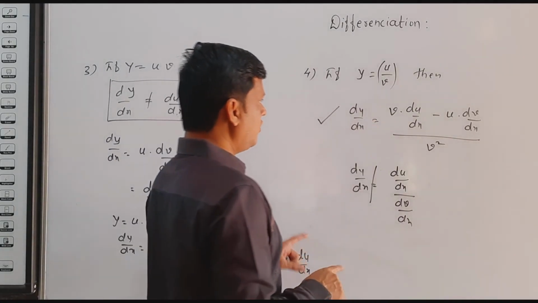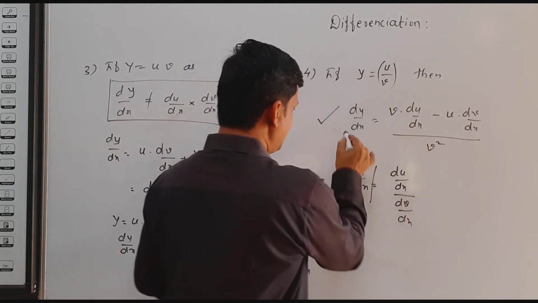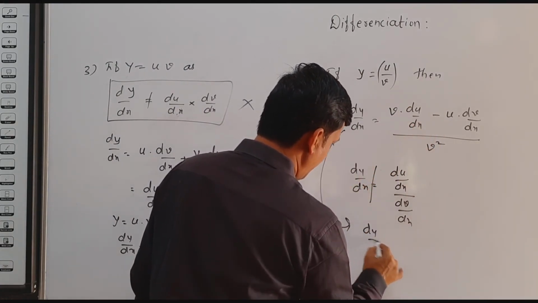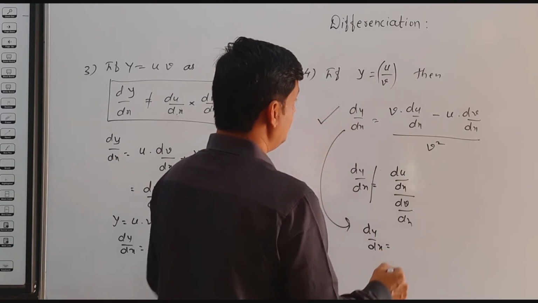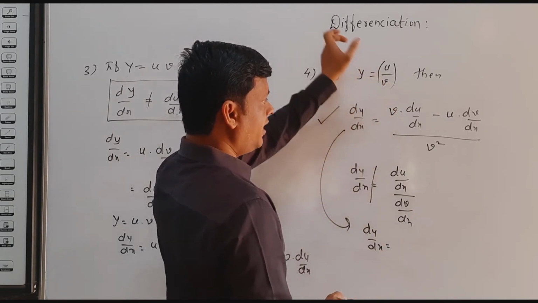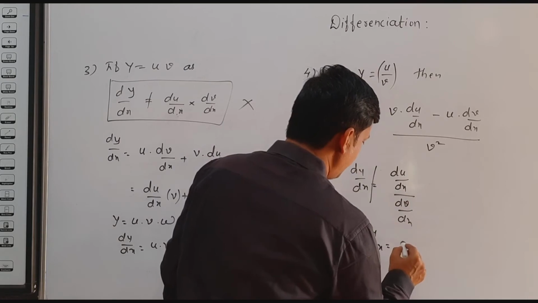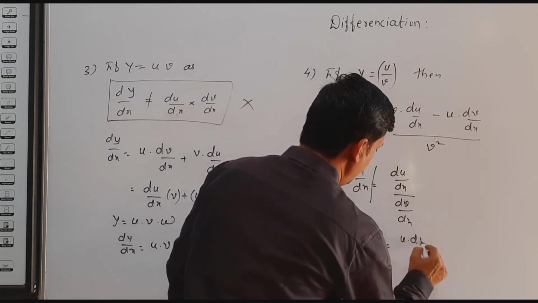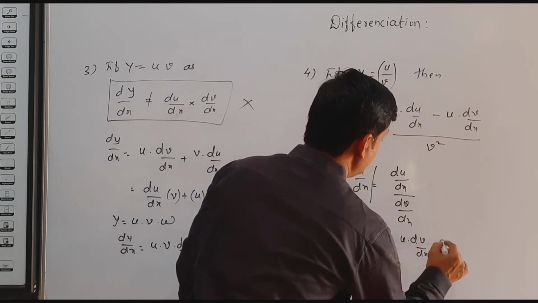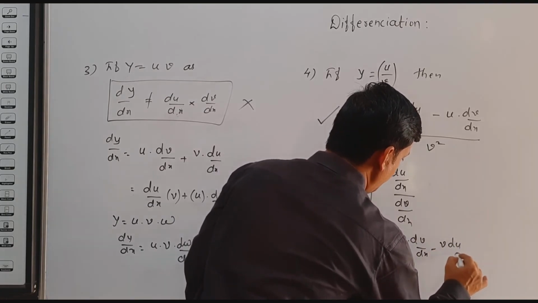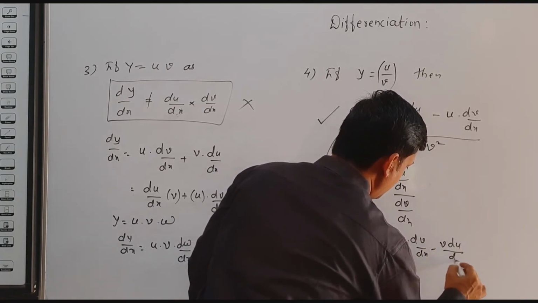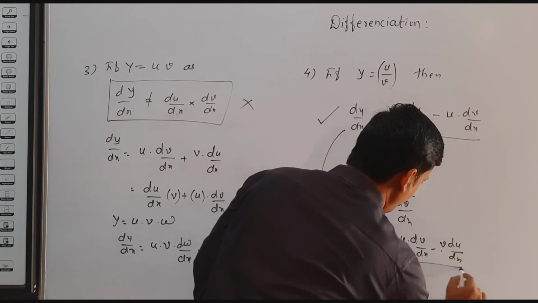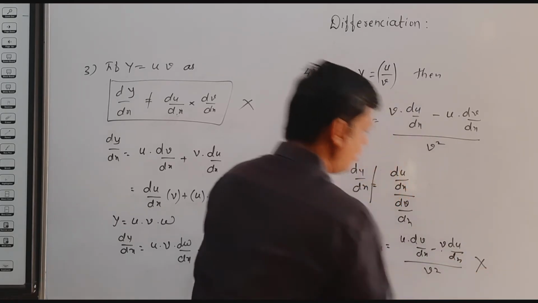So again you have to remember, don't write this as dy by dx is equal to, here we take the denominator first. If you take the numerator first, u into dv by dx minus v into du by dx upon v square, then it is wrong.